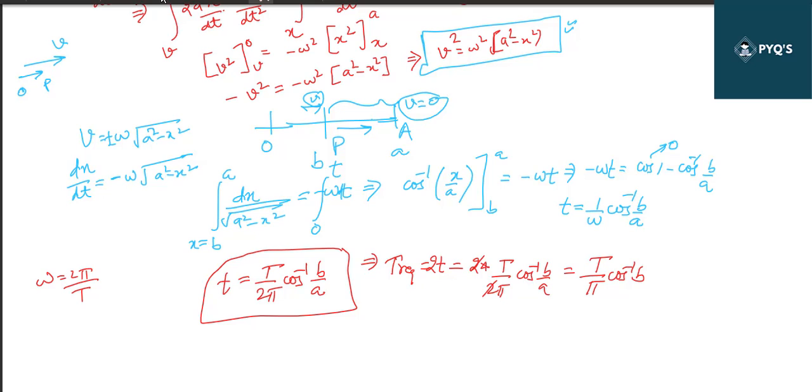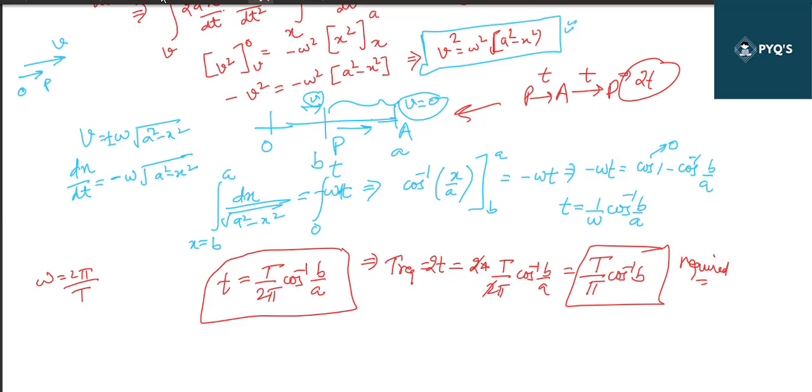Why have we done this 2 times? Because we need to find the time from P to A and then coming back to P. So it is t each way, that is why we need 2t. So that 2t is the required answer.